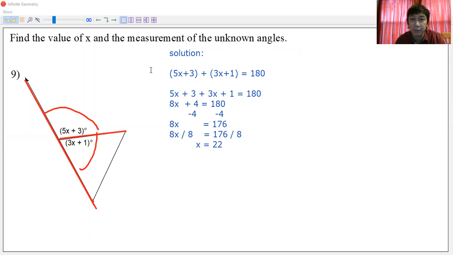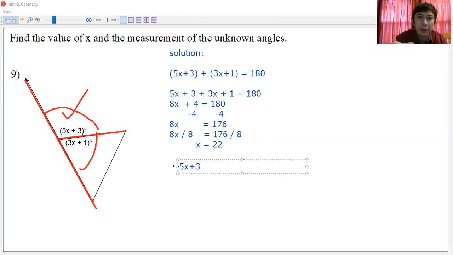We can now use the x value to solve for the angles. Let us start with the 5x plus 3 angle. We're going to use the expression 5x plus 3.